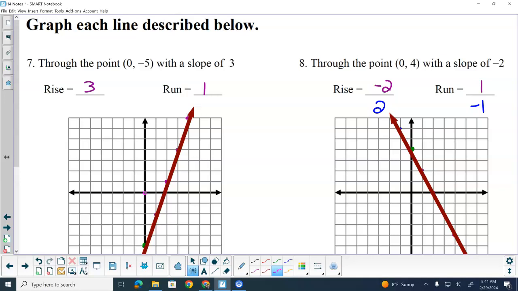Okay? That's that up and down line right in the middle of the graph. So all of those points that we found are called y-intercepts. Okay? Because that's where your line intercepts or intersects the y-axis.